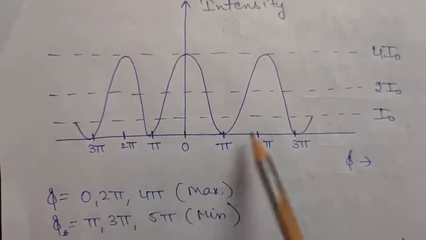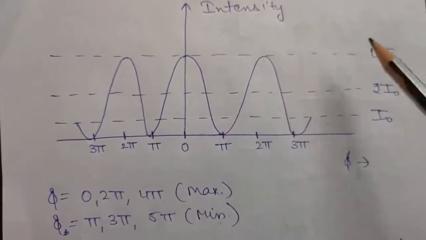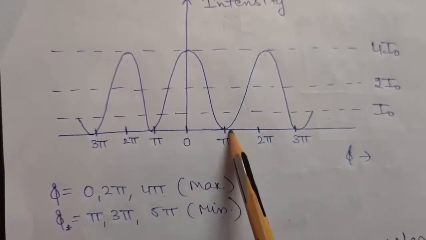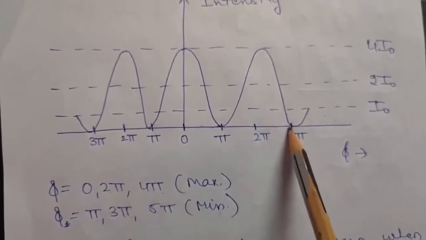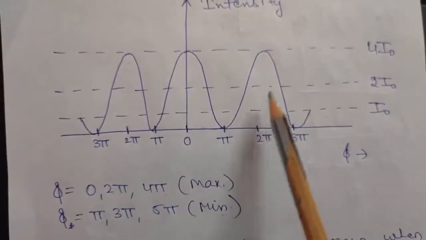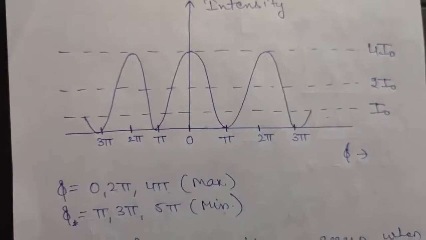When phi is 2 pi, here again you have a maxima. When phi is 4 pi, that will also be a maxima. When phi is pi, you have a minima here also. When phi is 3 pi, again you have a minima, as you can see here, and intensity becomes 0, and at maxima intensity becomes maximum. So this is the plot between intensity and phi.